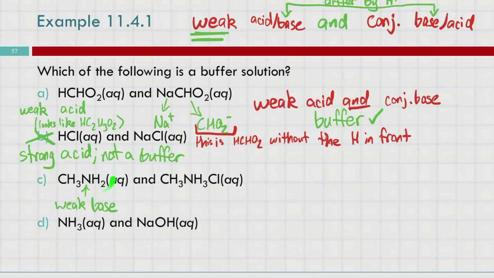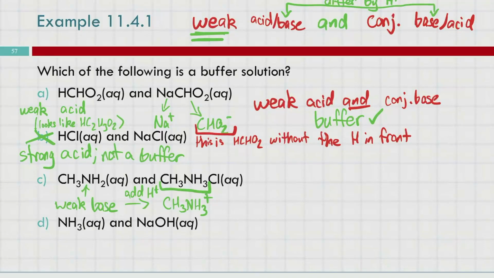If this were to pick up an H plus, what might it look like? We'd have one extra H somewhere in there. So it might, for example, look like CH3NH3 plus.